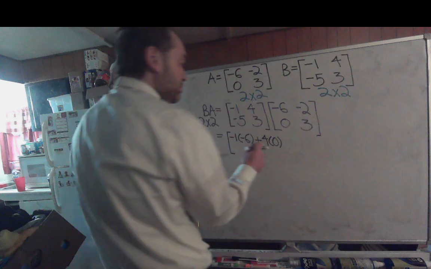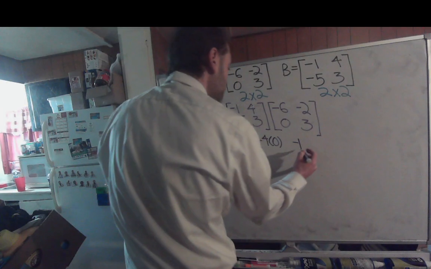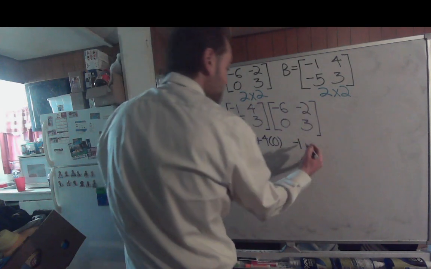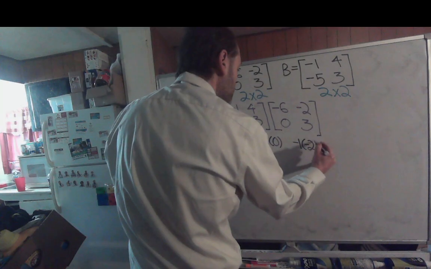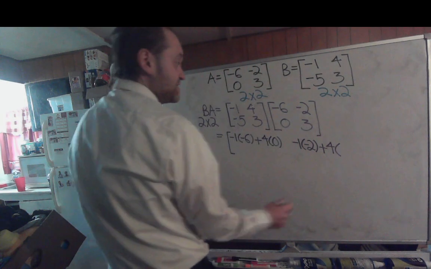Your second number, you're going to take the first number in the first row of negative 1 times the first number in the second column of negative 2, plus you'll take the second number in your first row of 4 times the second number in the second column of 3.